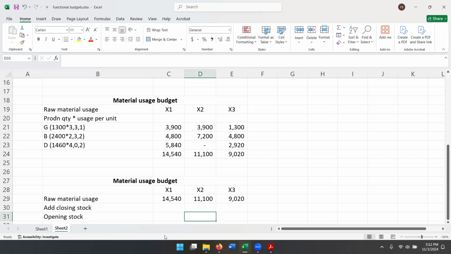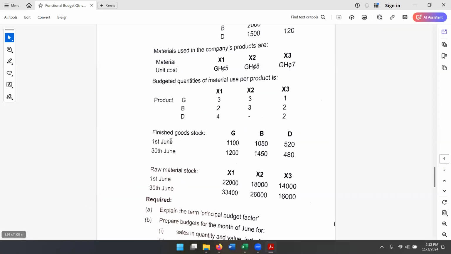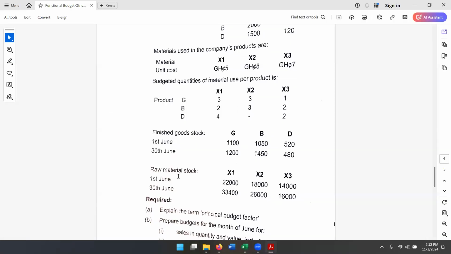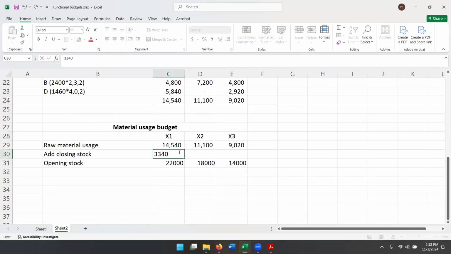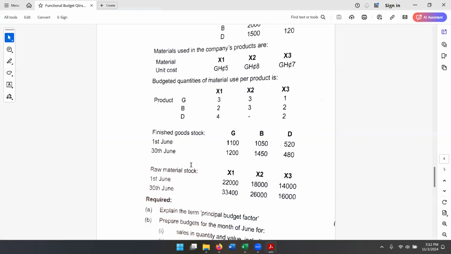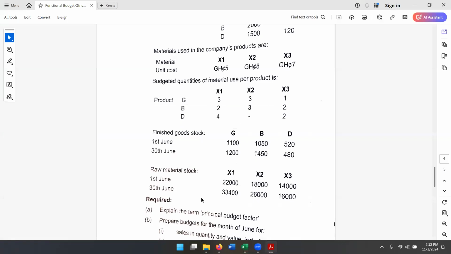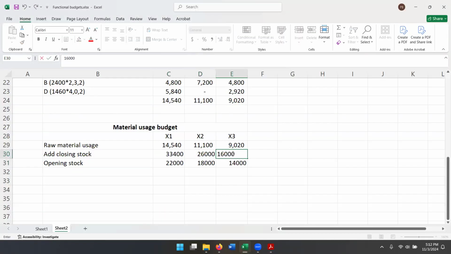You see that? So the closing stock of raw material and the opening stock of raw material are here. So 22,000 opening, 18,000, and then 14,000, 33,400, 26,000, and then 16,000.